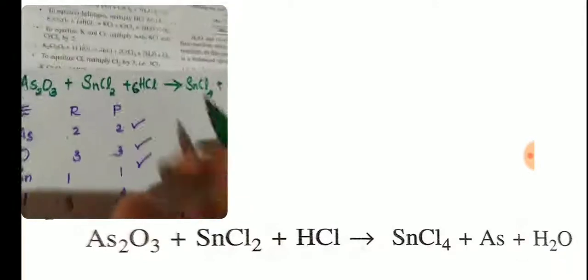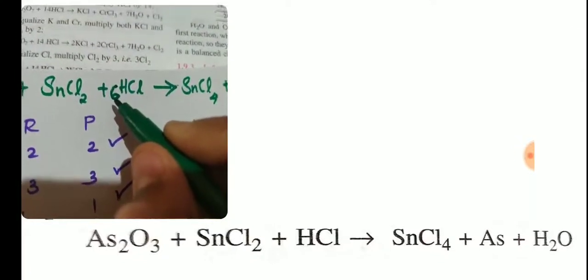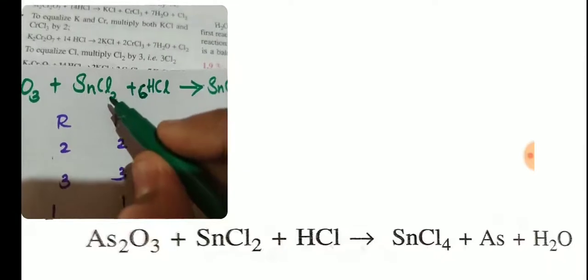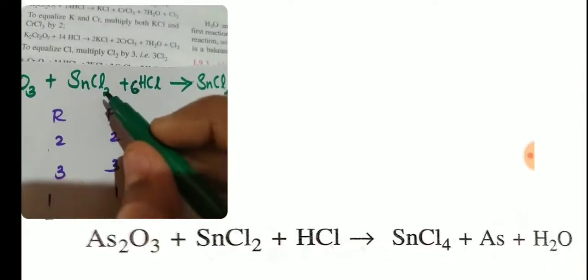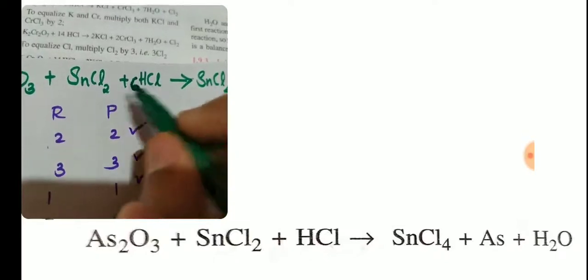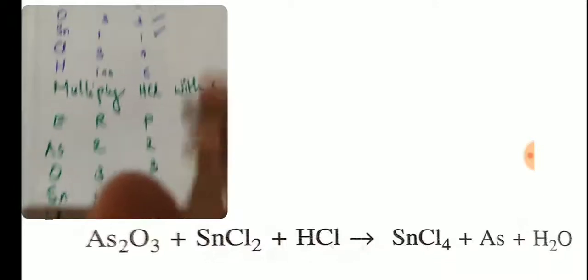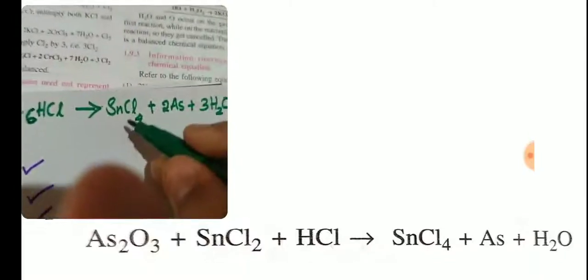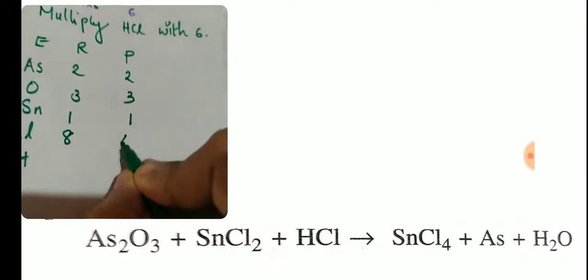Now chlorine, you see, how many chlorine are there in the reactant side? When we multiplied with 6, chlorine is already 2 in the SnCl2, plus 6, so 6 plus 2, 8 chlorines are there in the reactant side, and here only 4 chlorine in the product side.